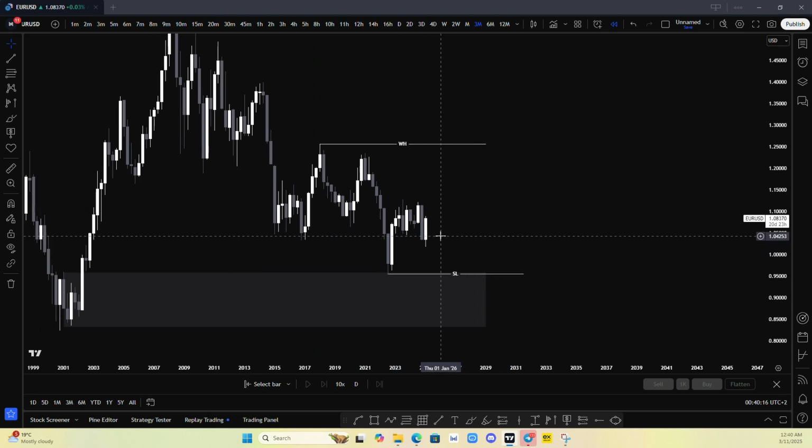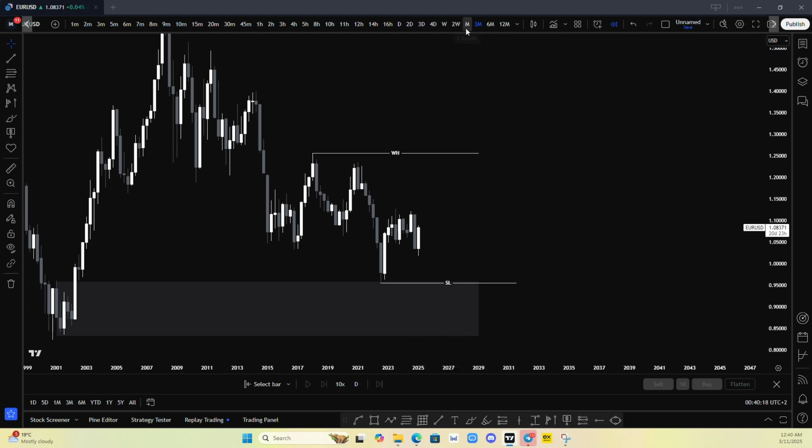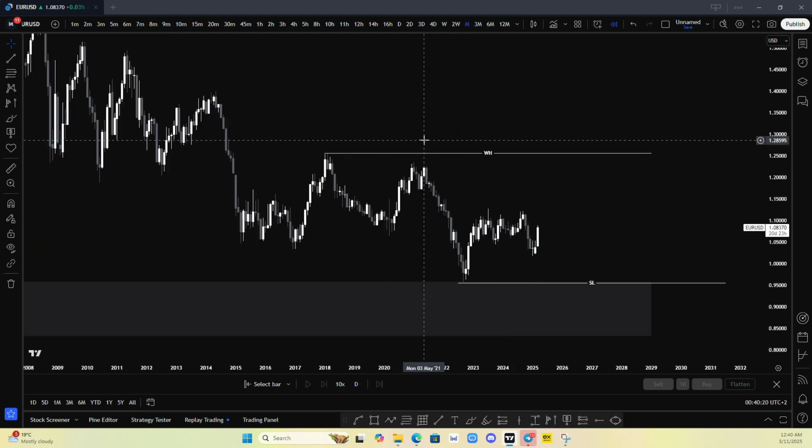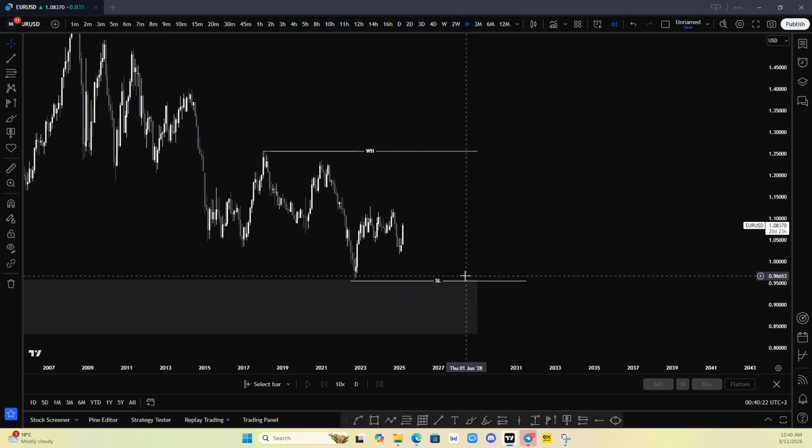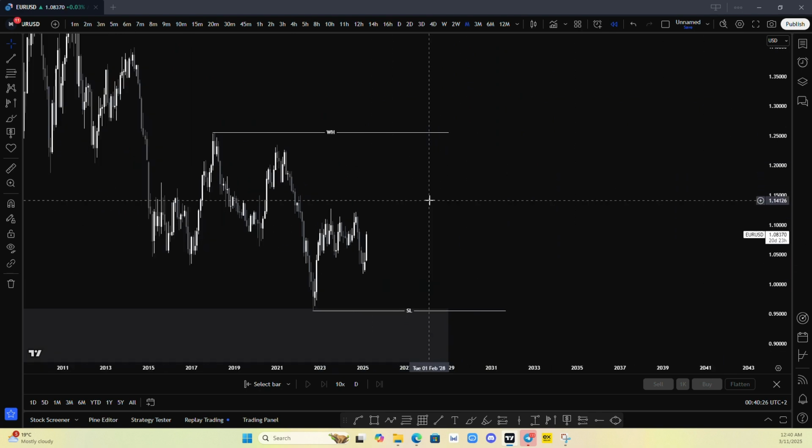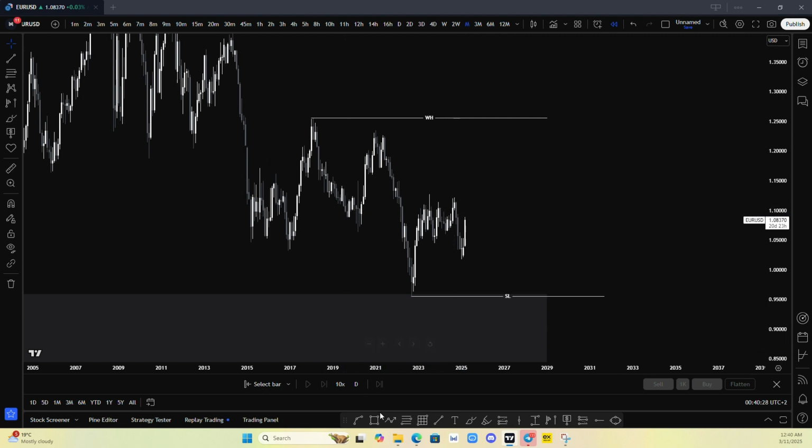If we go to the lower time frame, we have the monthly time frame now. Here on the monthly time frame, we can see that we had this strong supply area, whereas it pushed price to the downside, and we also had this strong supply area here, whereas it pushed price to the downside.